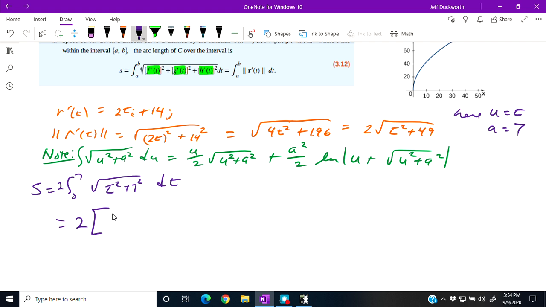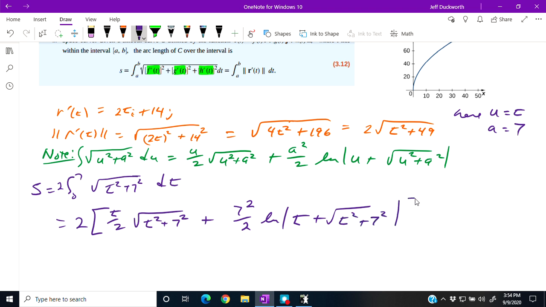Whenever we see a u, we're going to plug in a t. Whenever we see an a, we're going to plug in a 7. So t over 2 times the square root of t squared plus 7 squared. I'm going to leave this alone. I'm not going to change that to 49, just for ease. This whole thing is evaluated from 0 to 7.